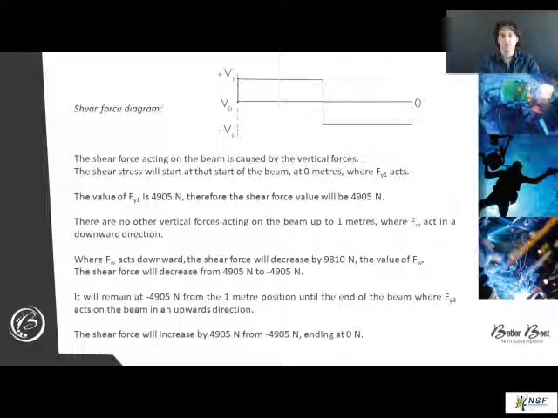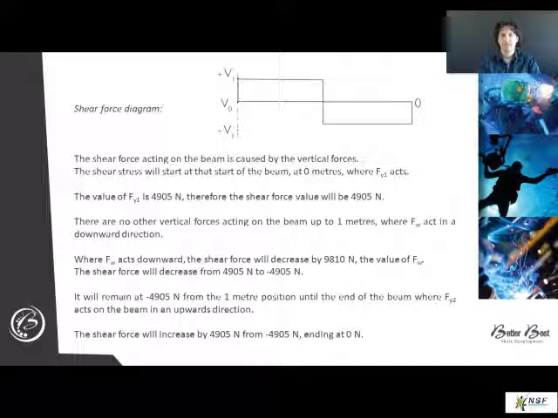There are no other vertical forces acting on the beam up to 1 meter, where Fw acts in a downward direction. The shear force decreases by 9,810 newtons, the value of Fw. The shear force will decrease from positive 4,905 newtons to negative 4,905 newtons.